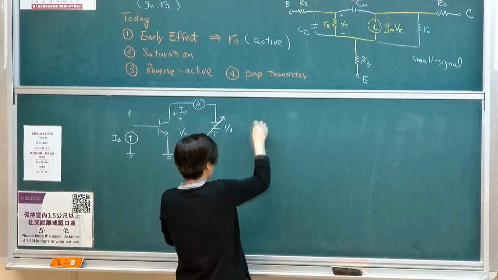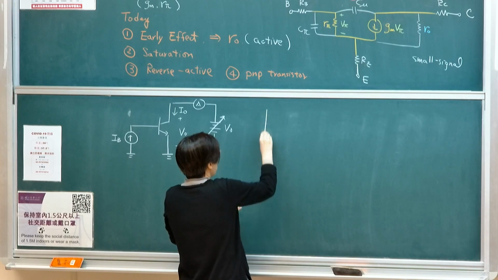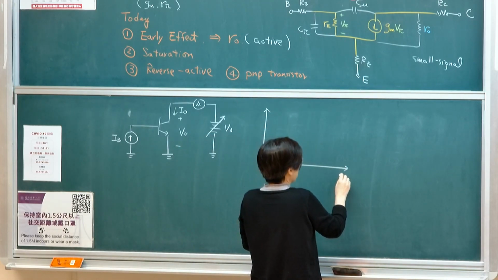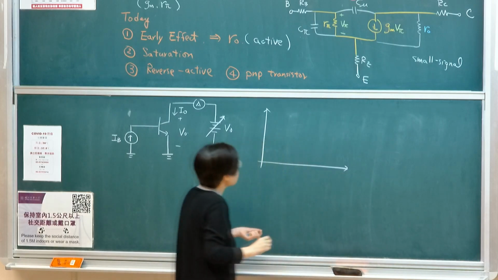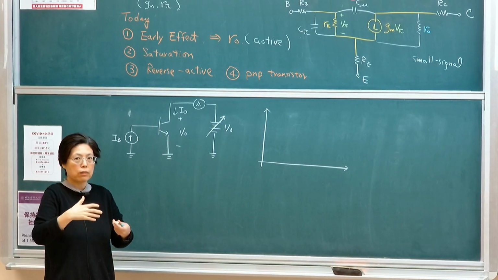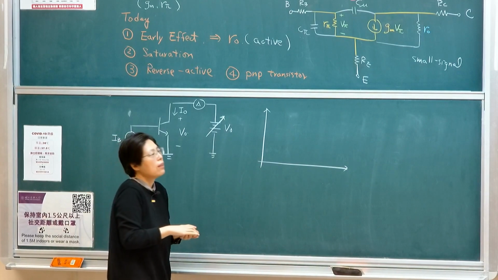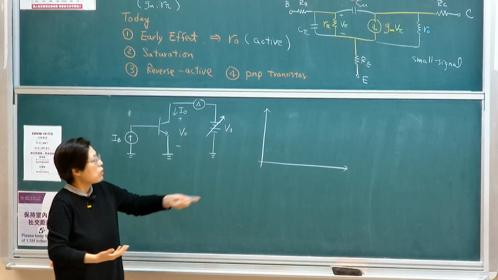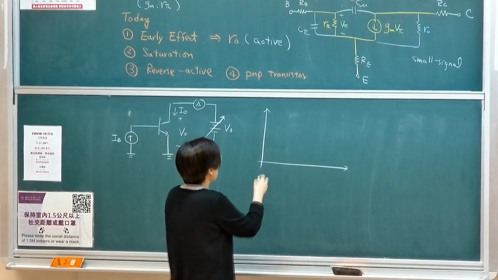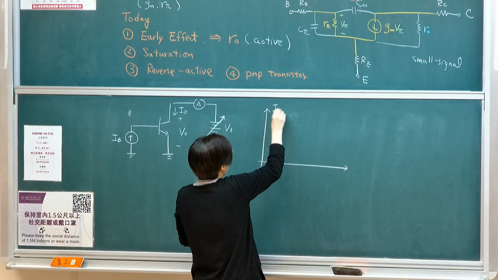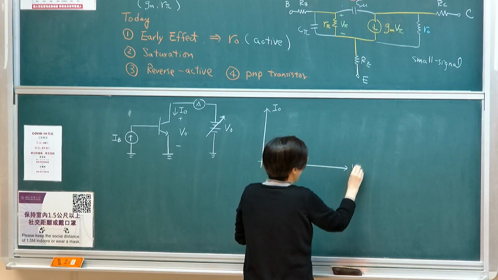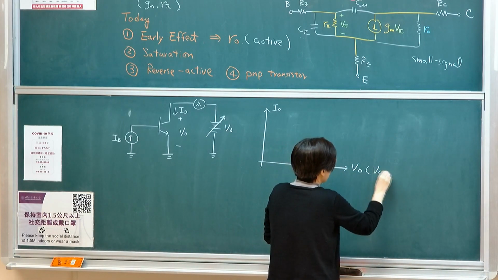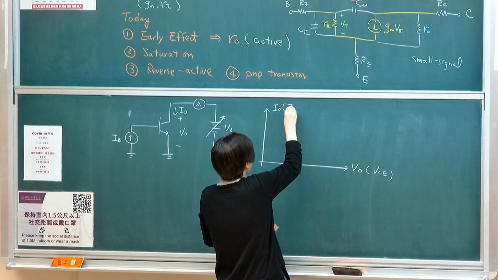If I'm doing this type of measurement, what can be expected will be a curve looking something like this. This is very commonly used, and if you see pictures or characteristics of a technology or transistor, these are the typical characteristic curves. So if you look at VO here, VO is VCE, right? And IO is IC.